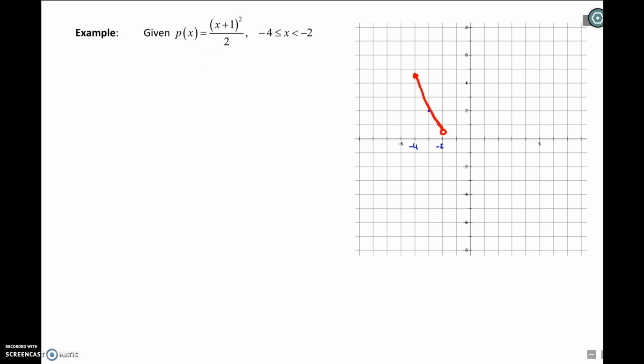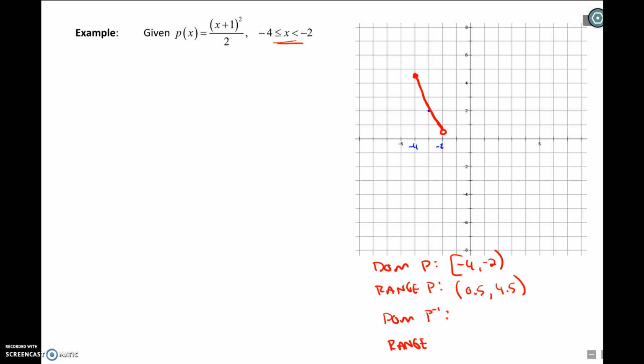Okay. All right, so now let's find the inverse. Oh, no, let's first do the domain and range. I always like to do the domain of P. Domain of P is inclusive -4 to -2 exclusive. The range of P is exclusive 1/2 to 4.5. Let's keep it as decimals to be consistent. The domain of P inverse and the range of P inverse.